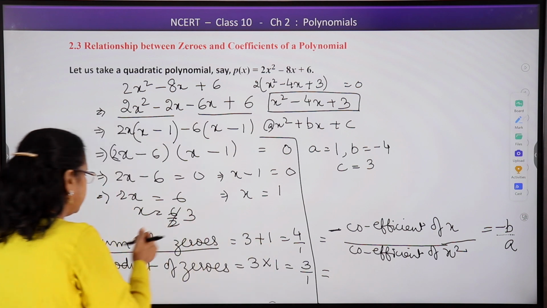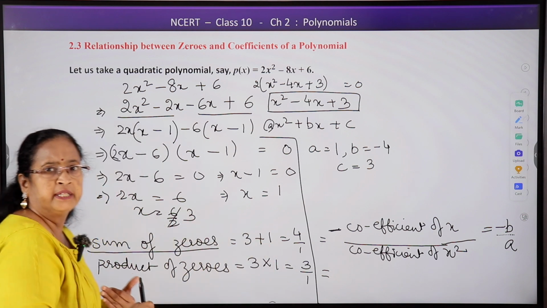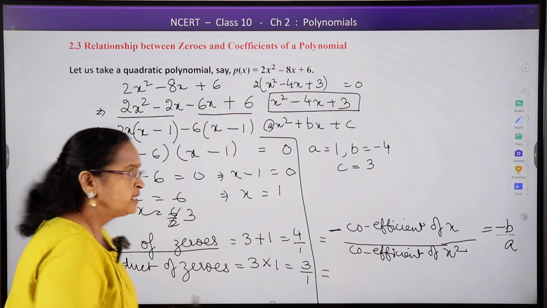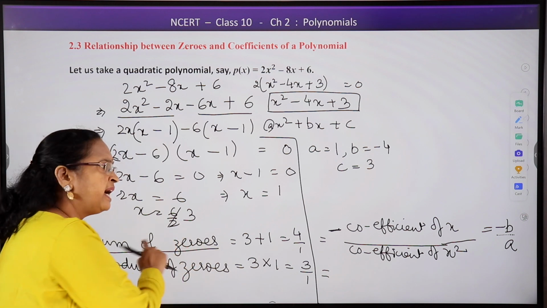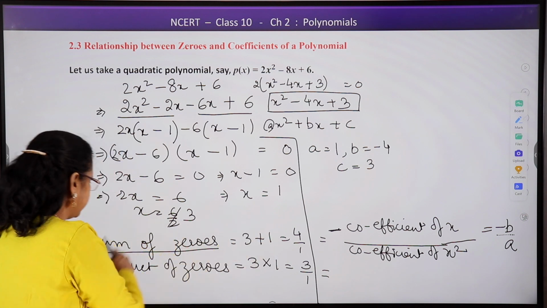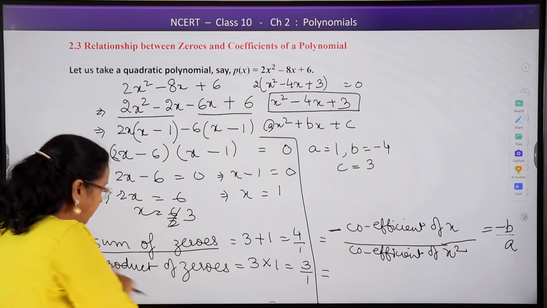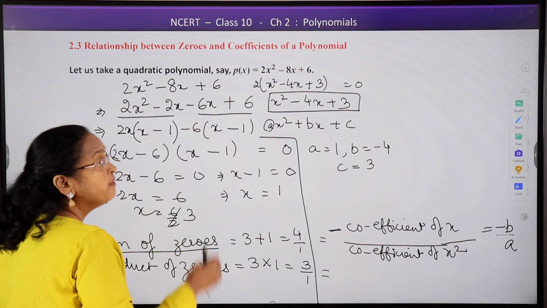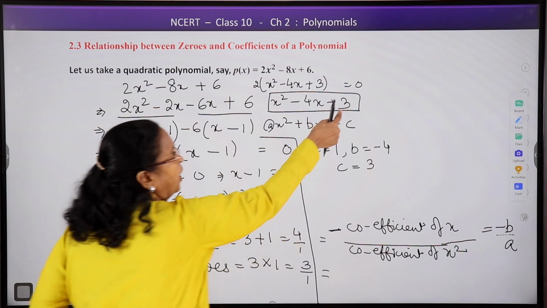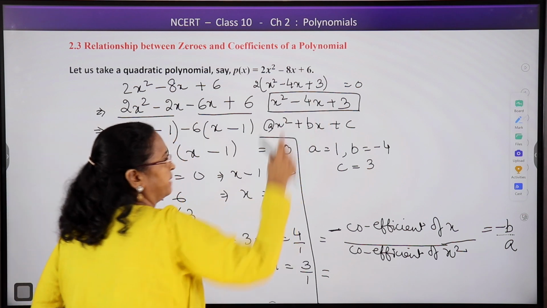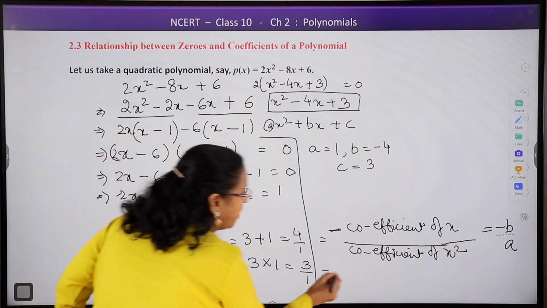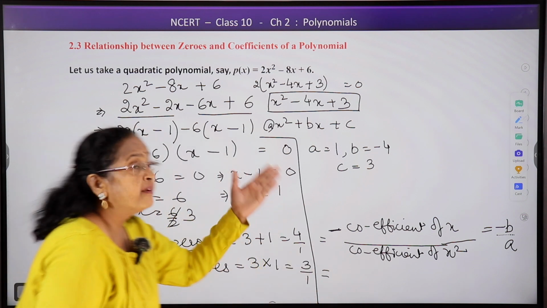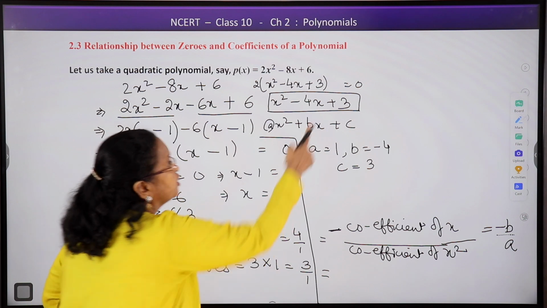Now, let us see product of zeros. There are two relationships, isn't it? Sum and product. We have finished with the sum. Now let us do the product. Product of zeros is 3 by 1. Where is 3? Constant. Our constant term is 3. So what is the relationship with the coefficients?